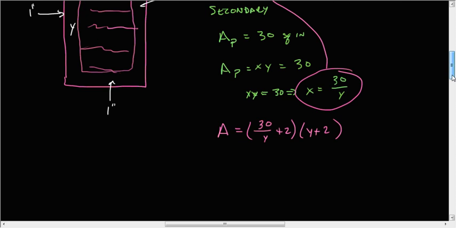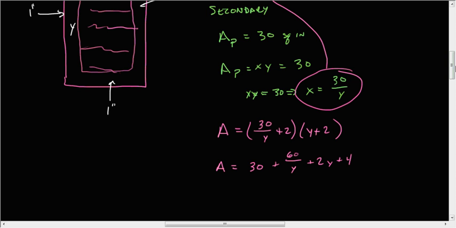So just go ahead and expand this out. You don't have to expand this out, but I always find it a little bit easier, because it's a nice binomial here. So y times 30 over y is just going to be 30. 30 over y times 2 is going to be plus 60 over y, plus 2y plus 4.